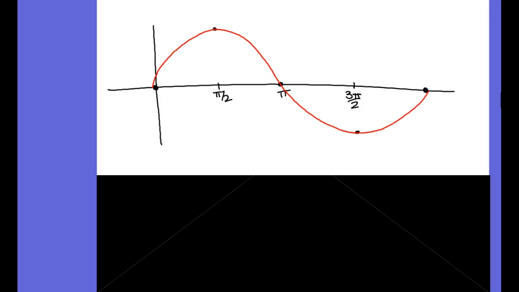How about cosine? Where's cosine start? Number 1. Then at pi halves it goes down to there, then it goes up there, and up to the top again. Cool.